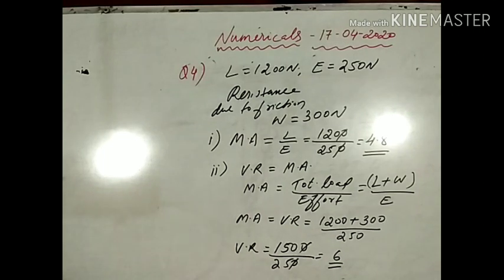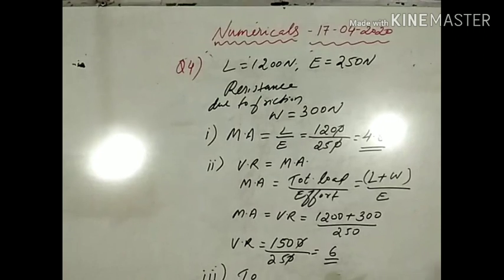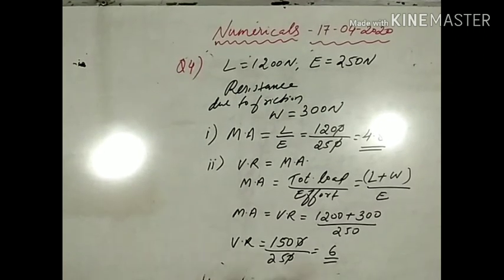Now, what is the question there? Read the question. Third question. What is the third question out there? Total number of pulleys in the system. What is the total number of pulleys? I am writing here.